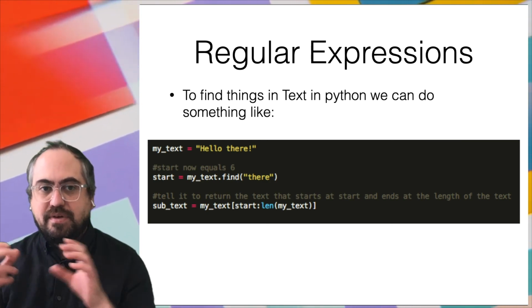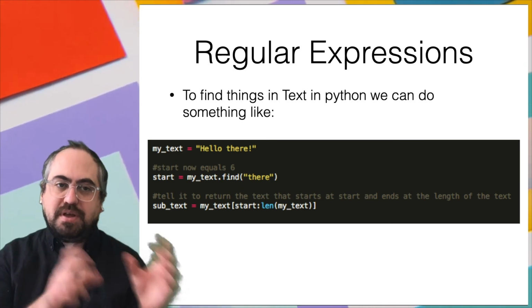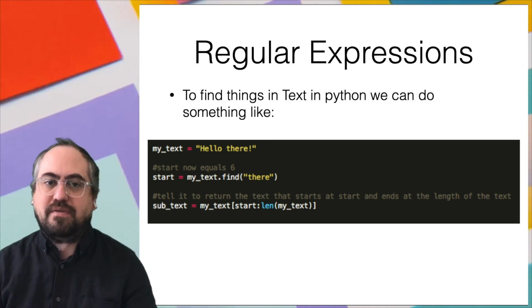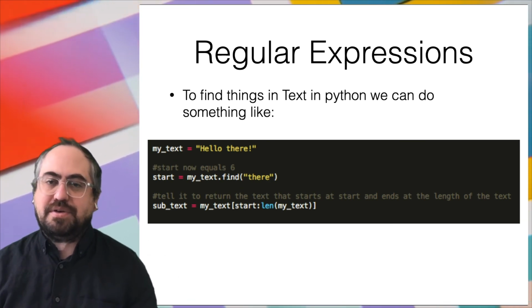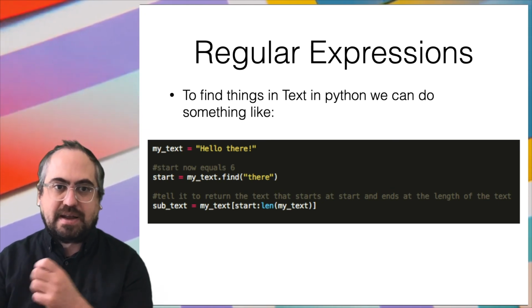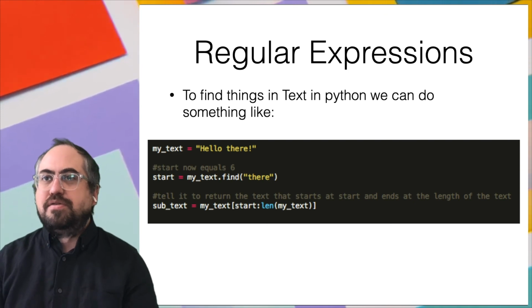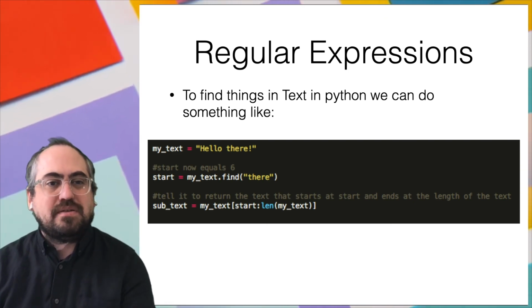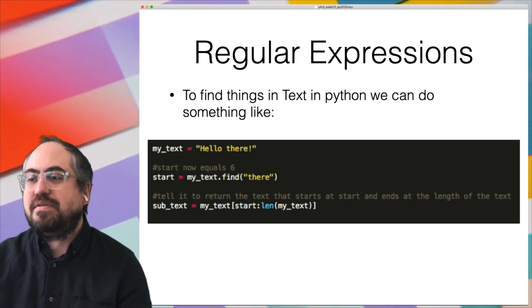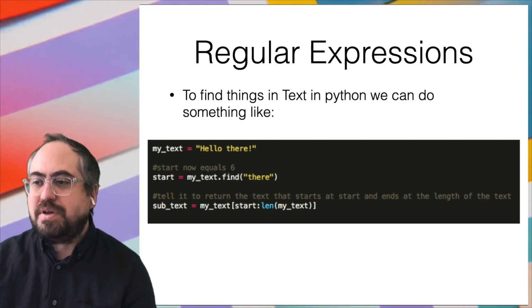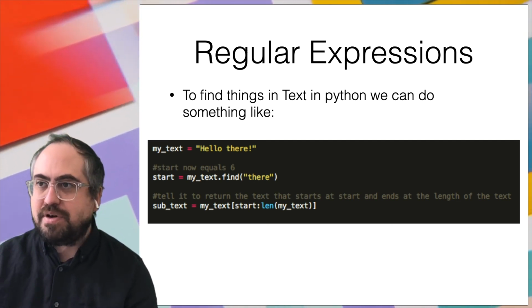So it will find whatever you're looking for within itself and then return a value of where it starts. And then you could start splicing up the string to get at that piece of text if you wanted to. So this is fine for very simple operations, but we can go over it as an example here.